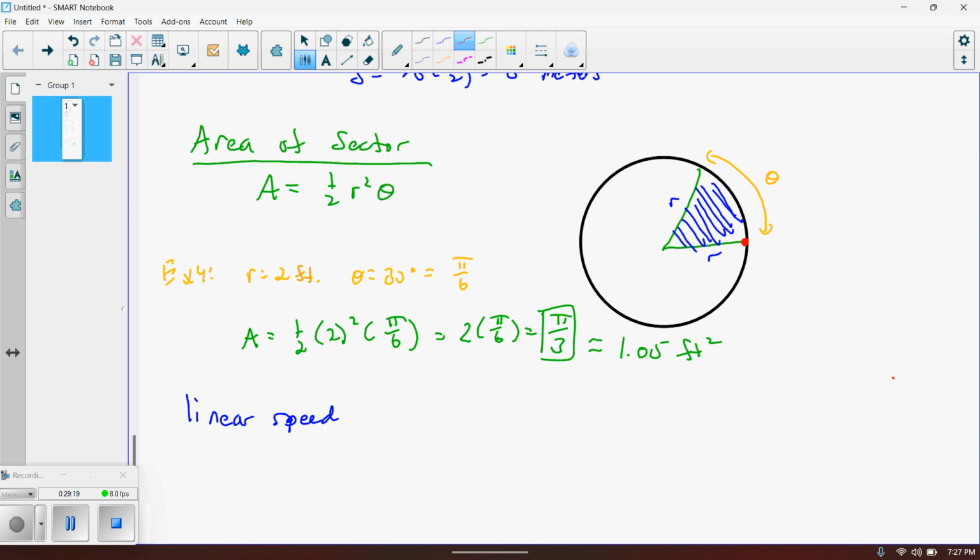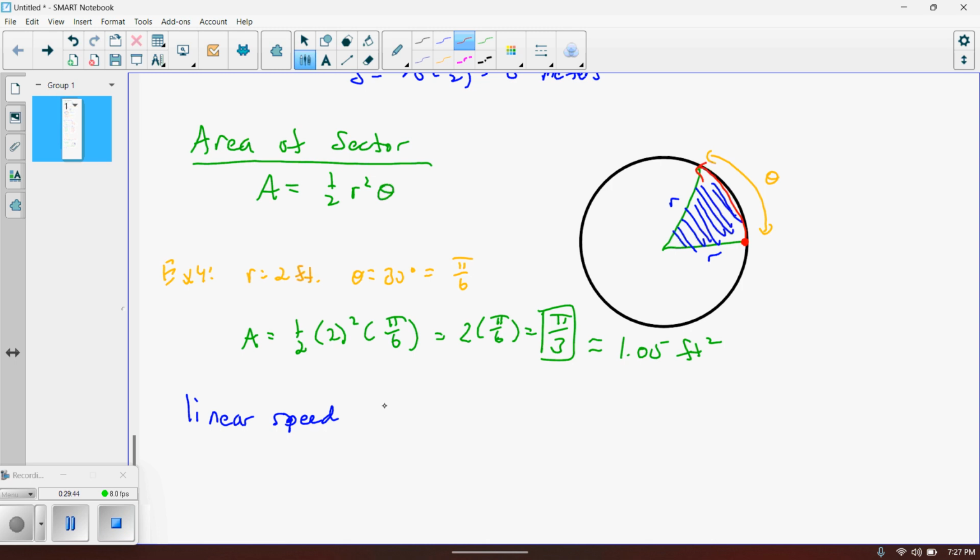So if I started here and went to here, what is the speed that it would be doing around the outside of the arc? If you think of it like a circle track, how fast is that particle or person or car or whatever it is moving around the outside? That's what the linear speed is.